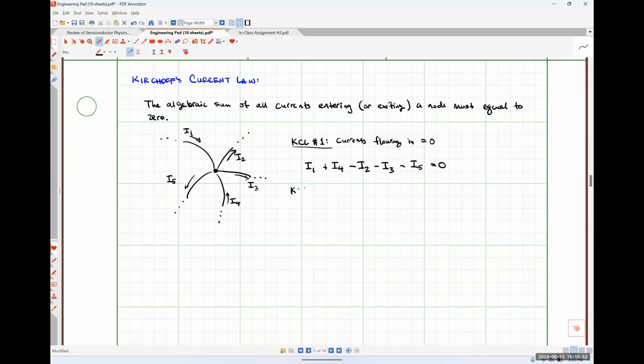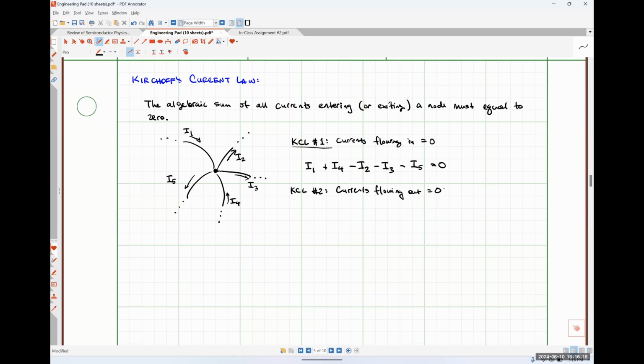Now let's look at KCL number 2, okay, where I'm going to say that currents exiting, or currents flowing out, equal 0. Okay.